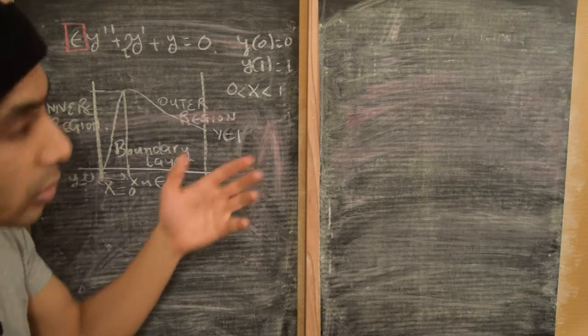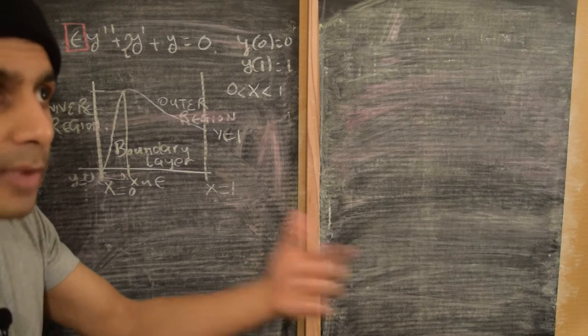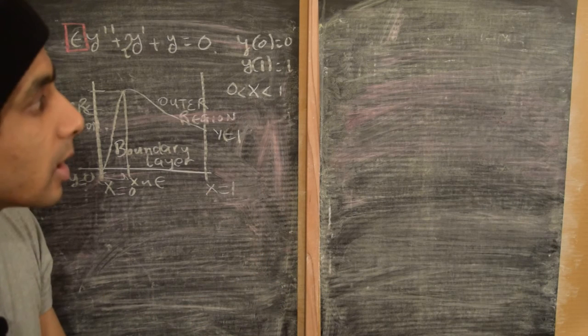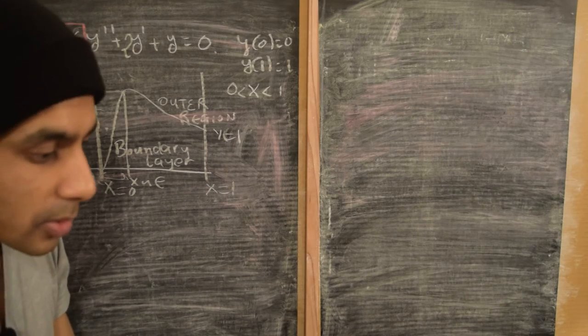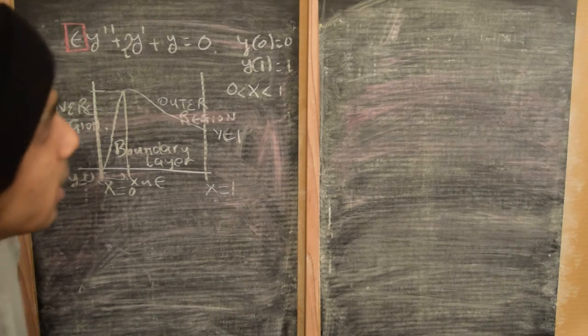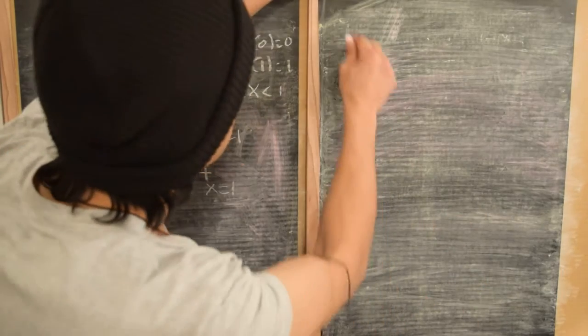The coefficients multiplying the lower derivative terms could be functions of the independent variable, and the particular method we'll be talking about is known as, let's write it here, the WKB theory.